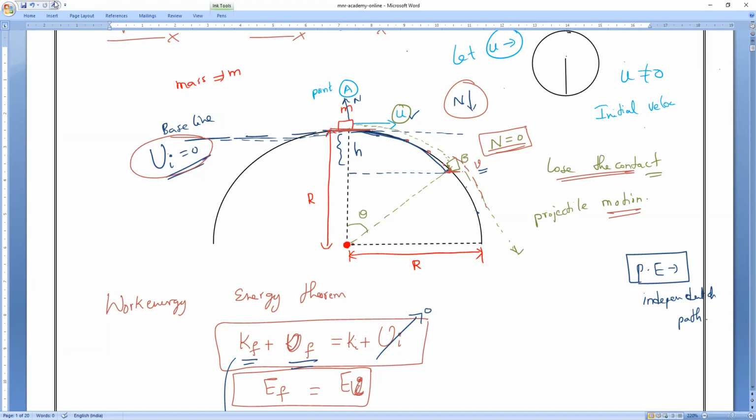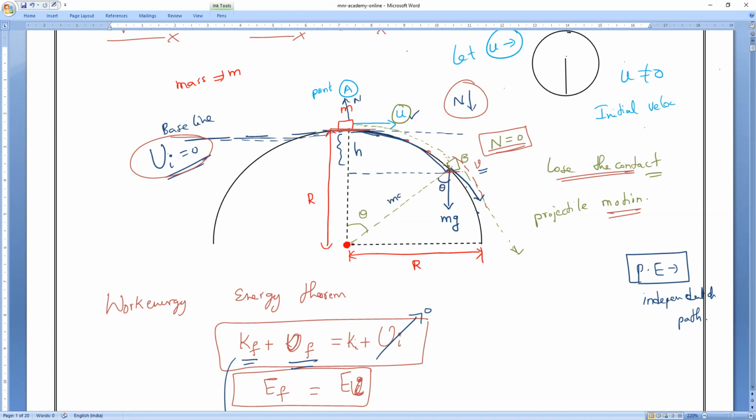So now how to find that height? All of you observe very carefully. At this point, the weight of the body is acting in what direction? Downward direction. Means the force will split into two different directions. What are the two different directions? Here is the theta, so here also theta, the same. So here what will happen?